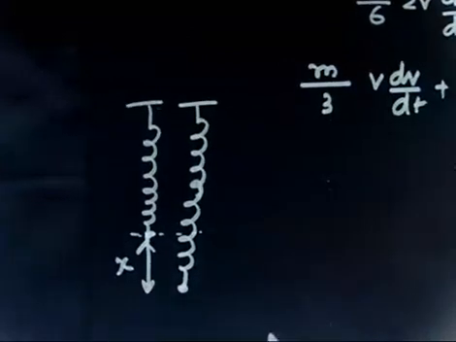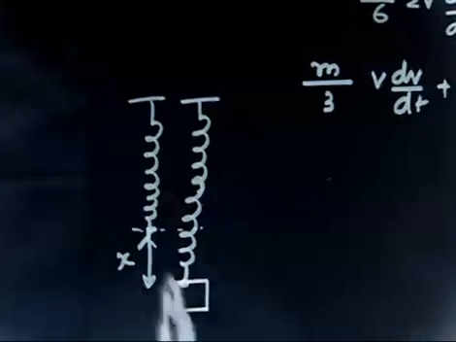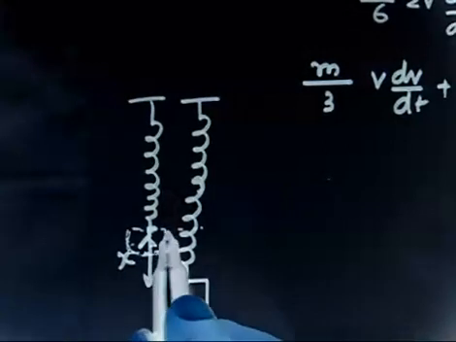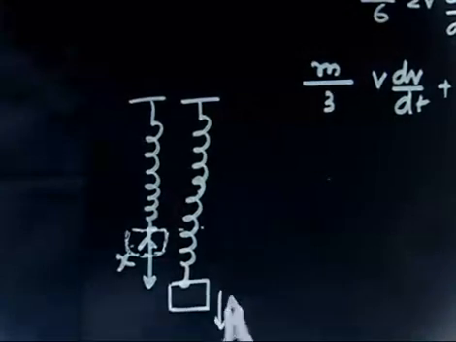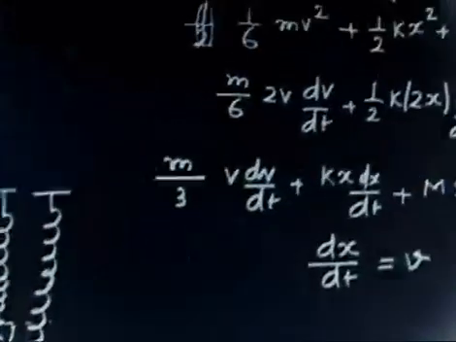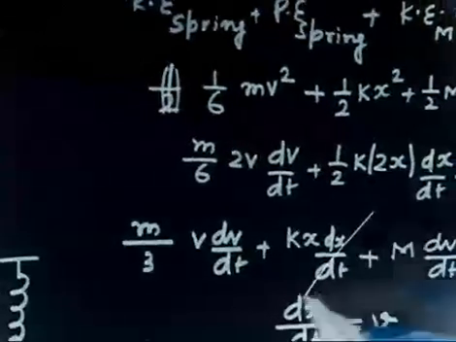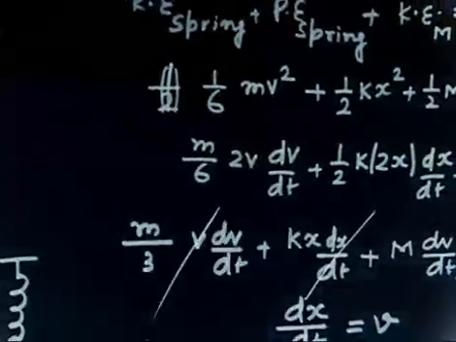Are you getting? So mass is now here. Initially it was here. So dx by dt will give you the velocity of this mass. So dx by dt is simply v. So I can replace dx by dt by v, and if I cancel v, this goes, and this term goes.